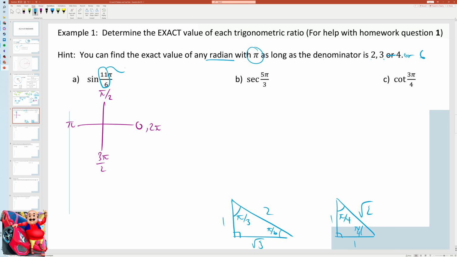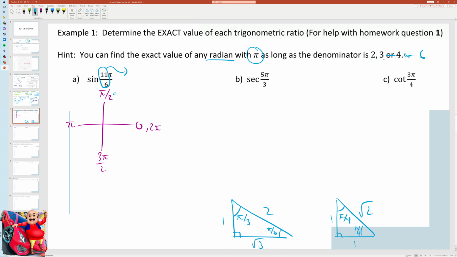Okay, so one way to kind of imagine this is you want to find a relative number for 11 pi over 6. This is slightly smaller than 2 pi. So you should hopefully predict that, okay, that 11 pi over 6 is going to be about there. If that doesn't work, you may also convert the denominators of all of these labels for the cardinal directions to be over 6 instead, so you have a better idea of where that 11 pi over 6 is.